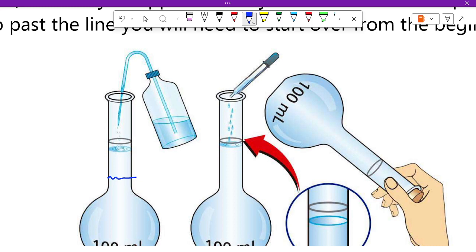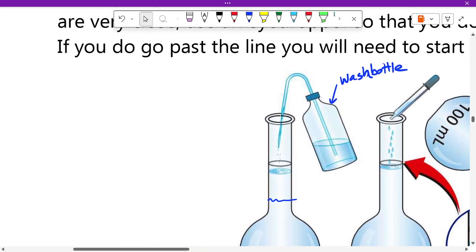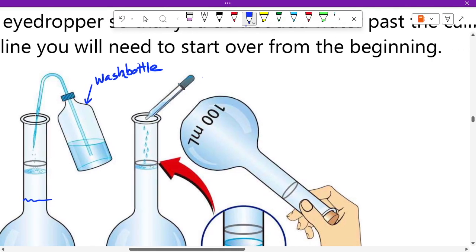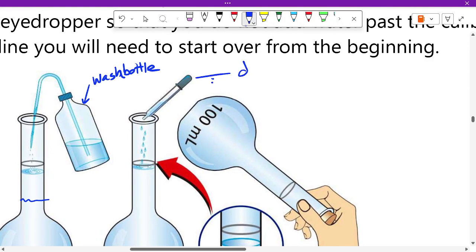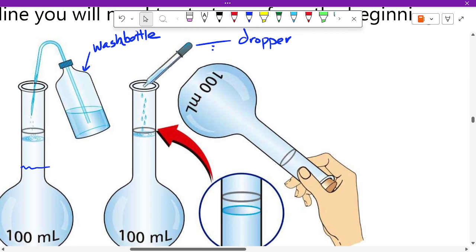You want to do it quickly, so you're going to pour from a beaker, and then you can use a wash bottle. And then finally, we can use a dropper to do that last little bit from here upwards.